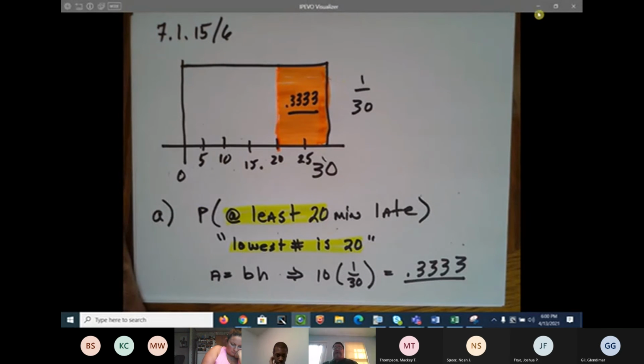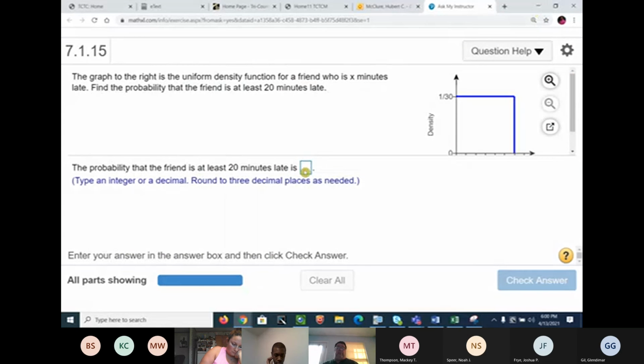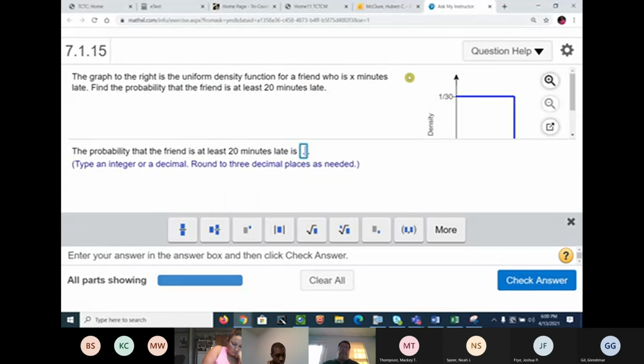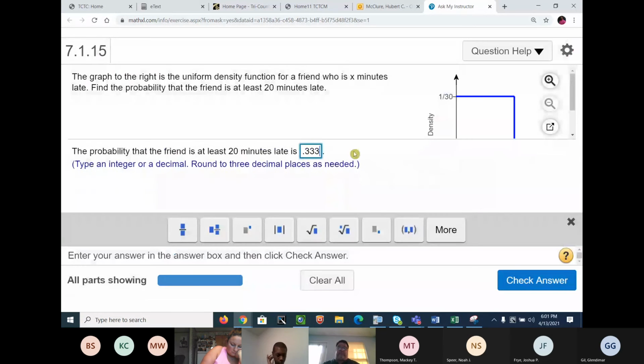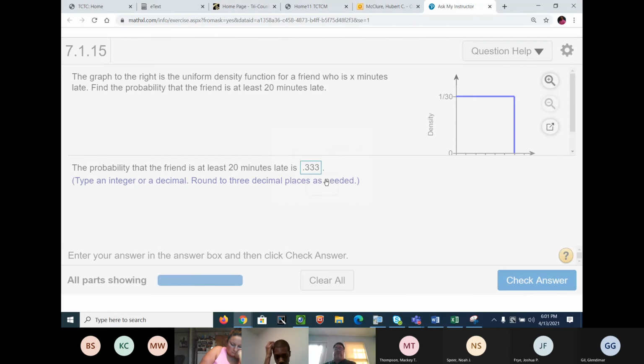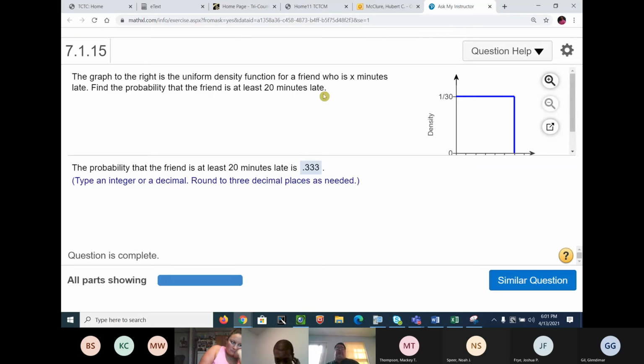Like I say, it's a coincidence, but 0.3333. Now, a lot of you say, well, Hubert, what did you do these tables for? Well, these tables have to do with the curve, not the box. So we can't use the tables with the box. Okay, so there's 2 good test questions.